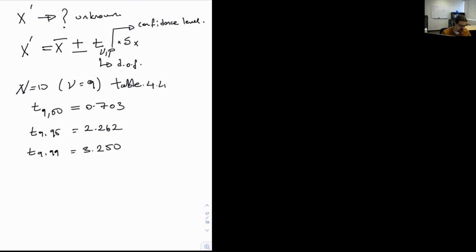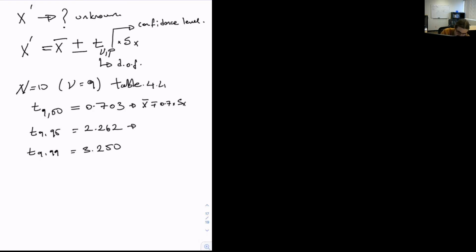So what does this mean? It means that if I want to say, with 50% confidence, the true mean is going to be somewhere between x bar plus minus 0.7 times my standard deviation. This is a small value, because you are looking at a value smaller than your standard deviation.